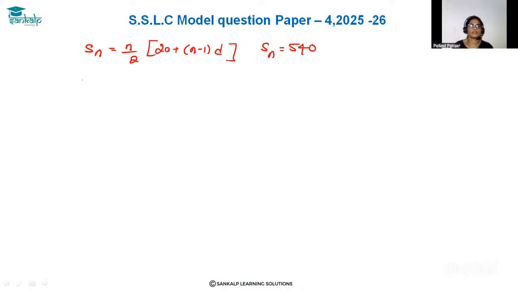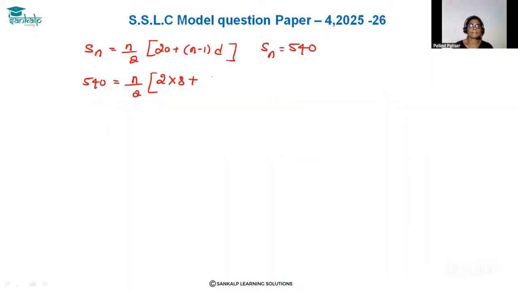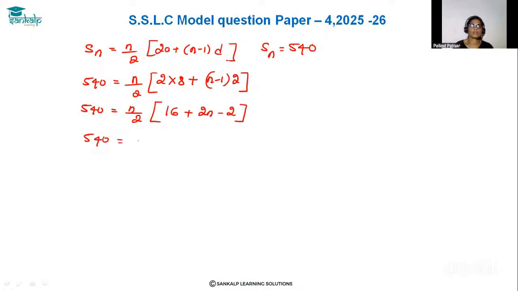So 540 is equal to n by 2 into (2 times 8, that is 16, plus 2n minus 2).